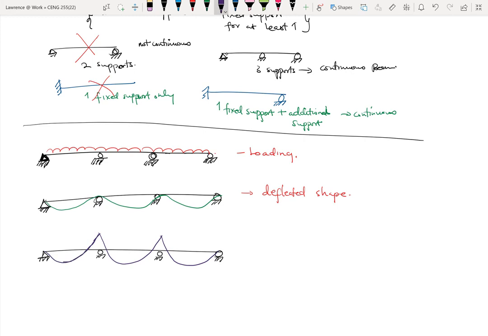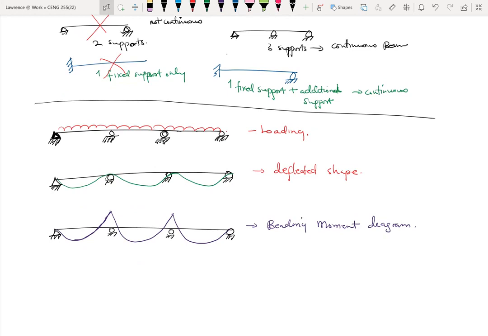So this is the bending moment diagram. It looks different from what you are used to. Sometimes these things become a little bit confusing, but it's fine.